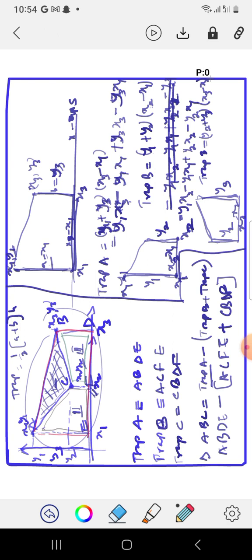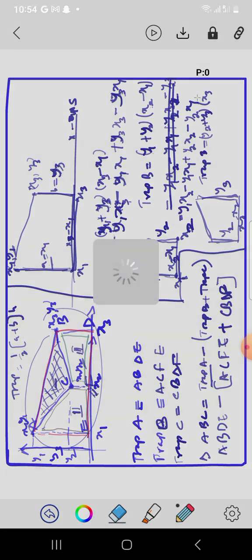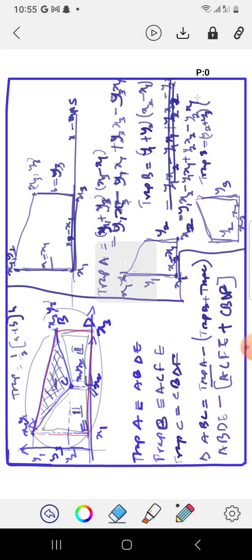Okay, x3 minus x2. Let me try something else. Excuse me, that one is not coming out well. So let me see if I can squeeze it in. Okay, that's x3 minus x2. Okay, I think it's better that way.